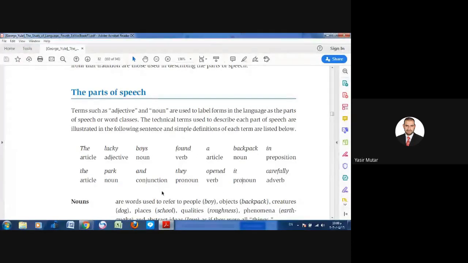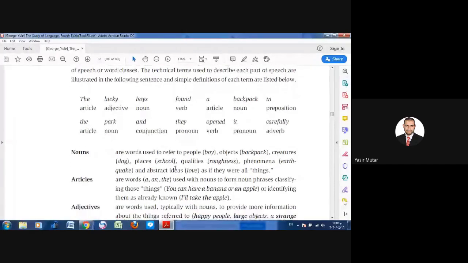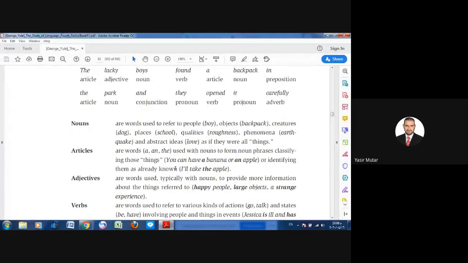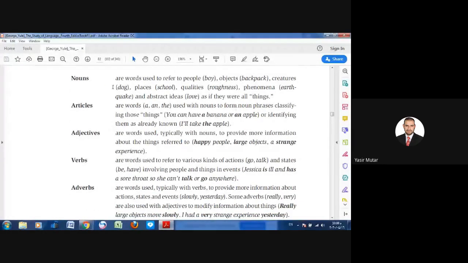And we have here definitions of those items. For example, nouns are words used to refer to people, such as boys, and also to objects, such as backpack.